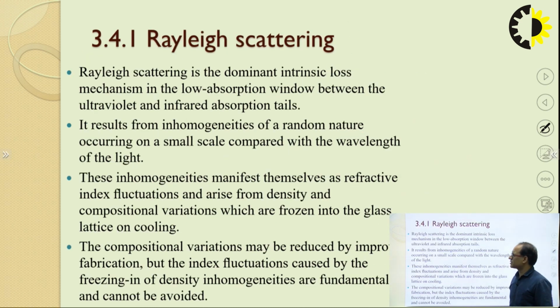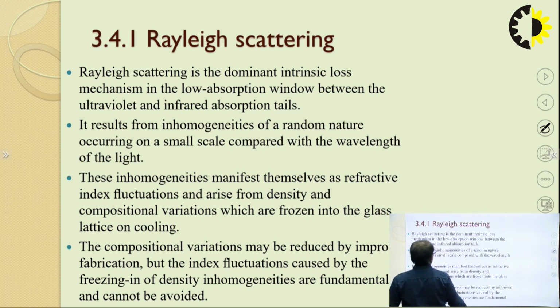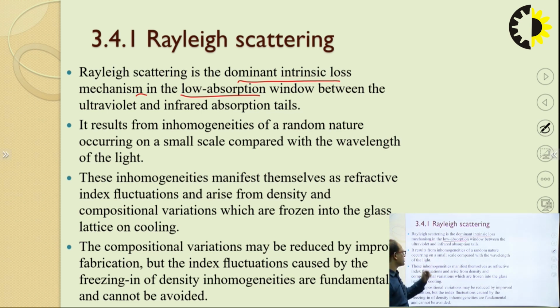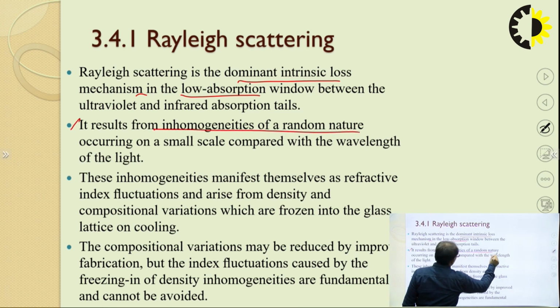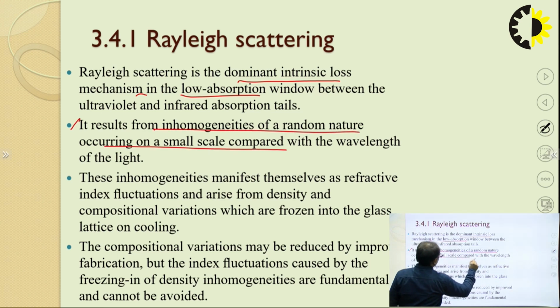Rayleigh scattering is the dominant intrinsic loss mechanism in the low absorption window between the ultraviolet and the infrared absorption. What does this Rayleigh scattering result from? Inhomogeneity of a random nature occurring on a small scale compared with the wavelength of the light.